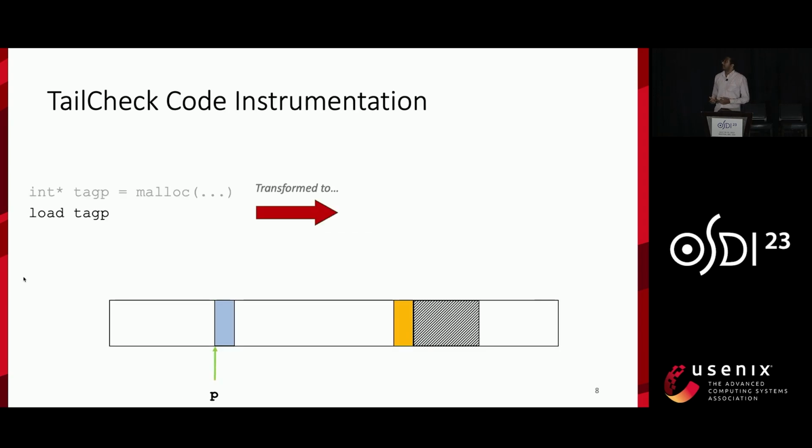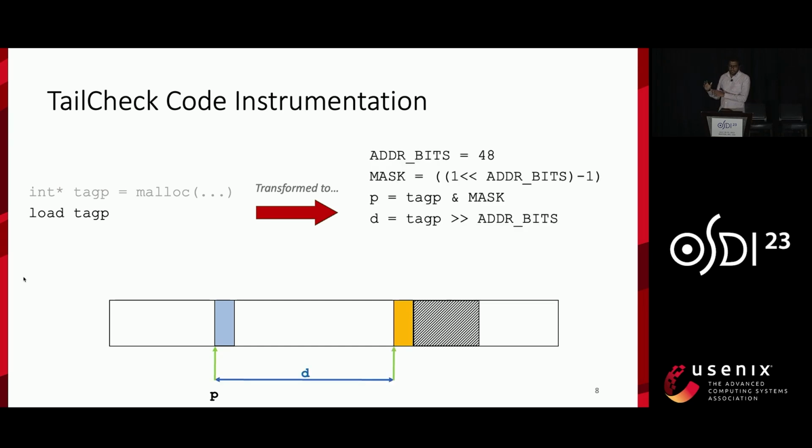Now talking about instrumentation, we see how from the allocator we can get a tagged pointer, but how can we then duplicate the memory dereference? Well, we simply have to extract the tail bits and the pointer bits. The pointer bits are in the lower order bits, which address the object, and the tag bits are in the higher order bits. So we can just use the operations of AND and right shift to get the pointer and the tail tag.